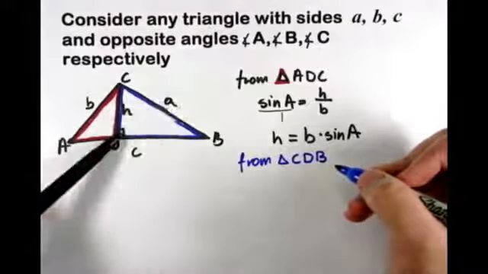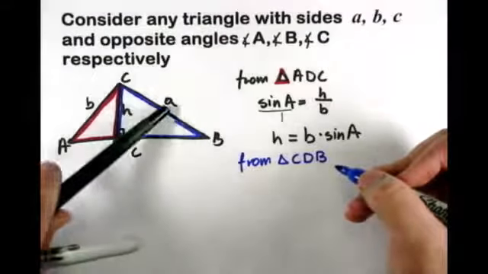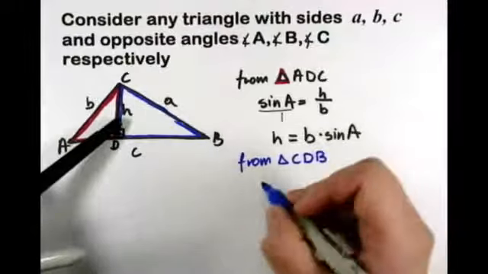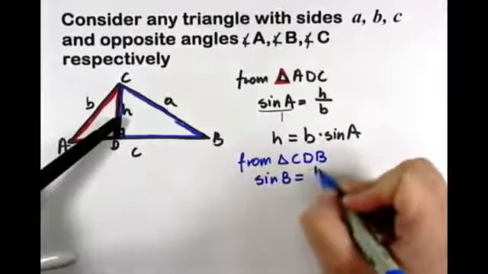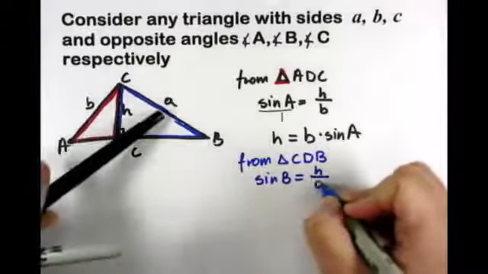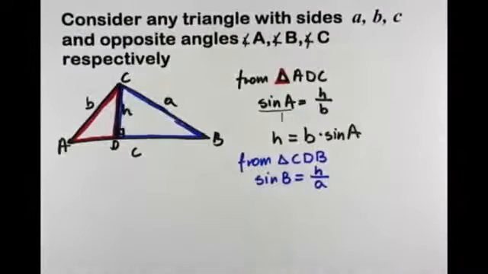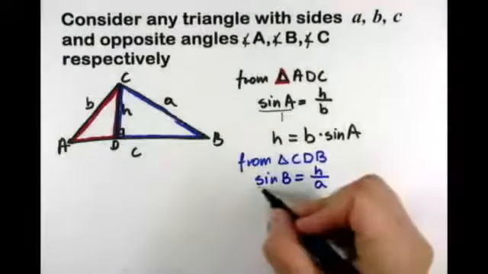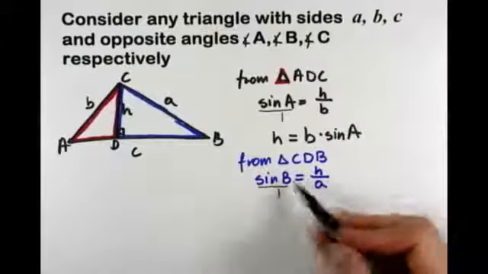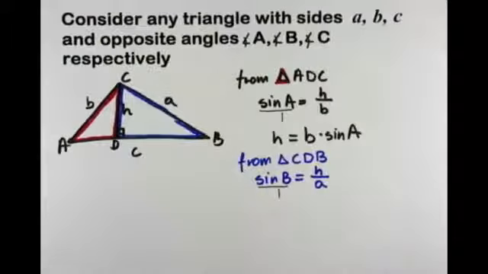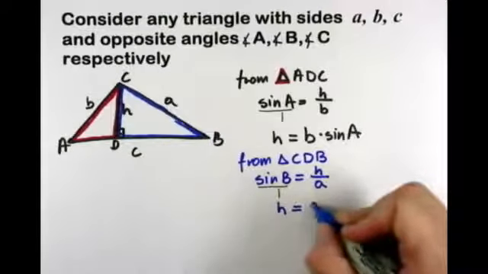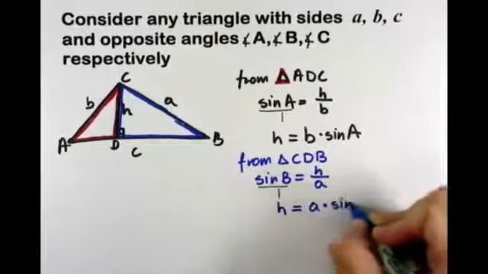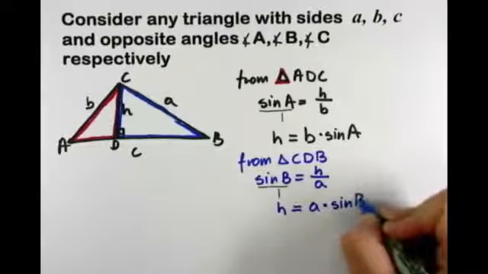This is my right angle. Opposite over hypotenuse. So we have sine angle B is opposite h over hypotenuse, which is a. And this one is over 1. So we can cross multiply. So I have that h is equal to a times sine B.